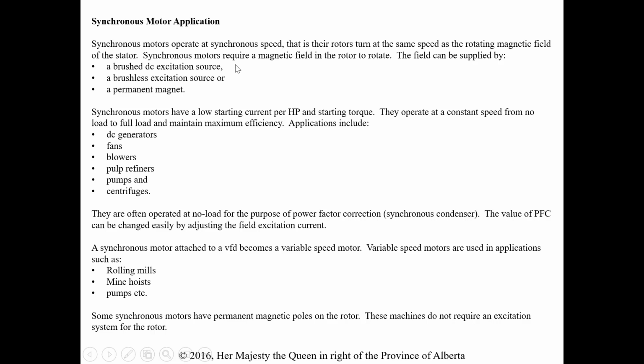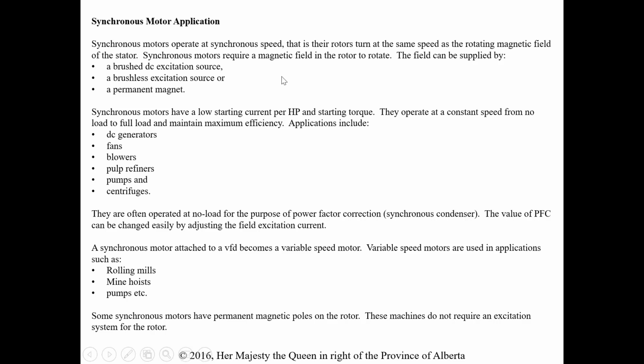Synchronous motors require a magnetic field in the rotor to rotate to. So not only is there a magnetic field spinning around in the stator from the supply, there's also a magnetic field on the rotor. I think they call this a double supply or two supply motor, because we have two supplies if we're using a field winding on our rotor as opposed to permanent magnets.